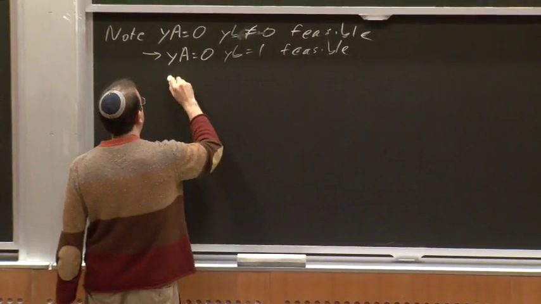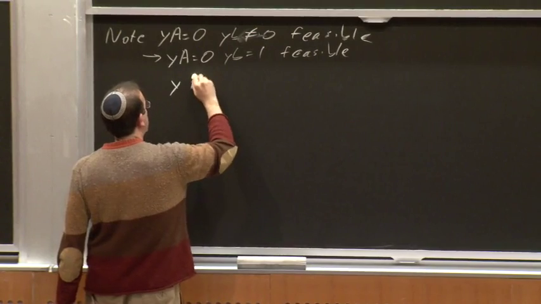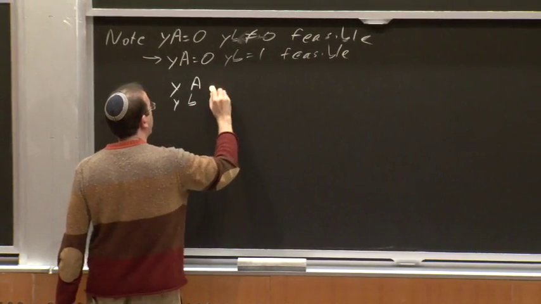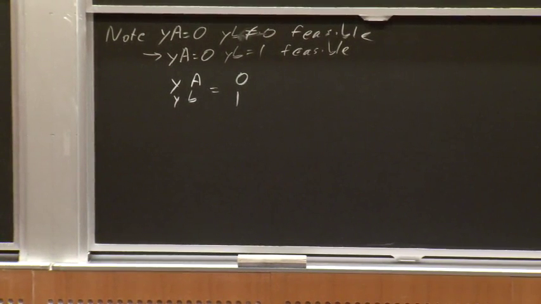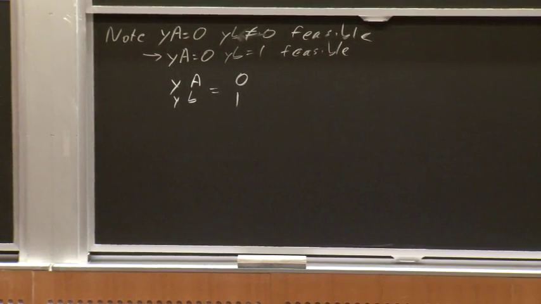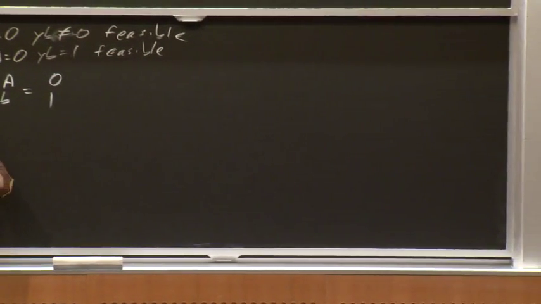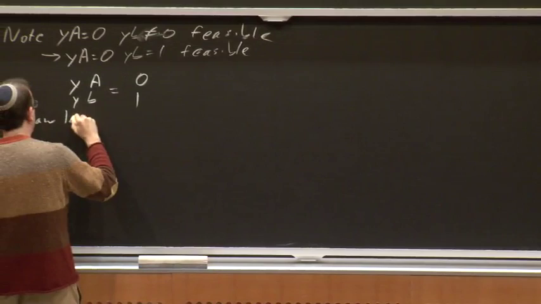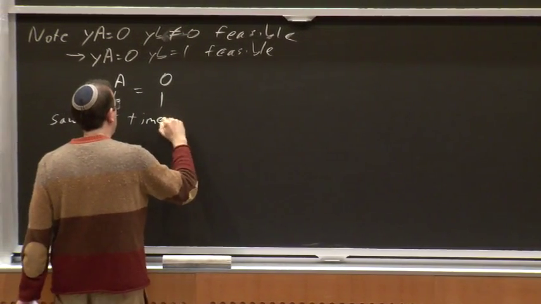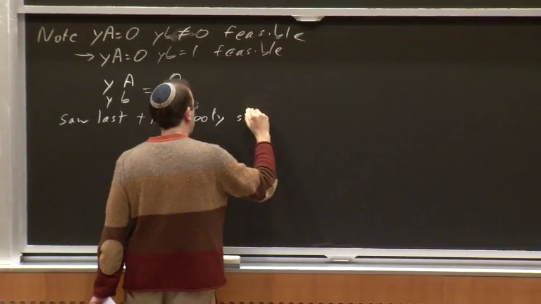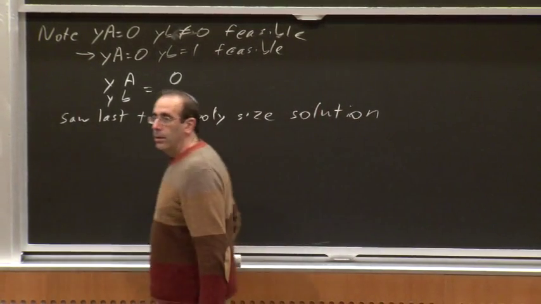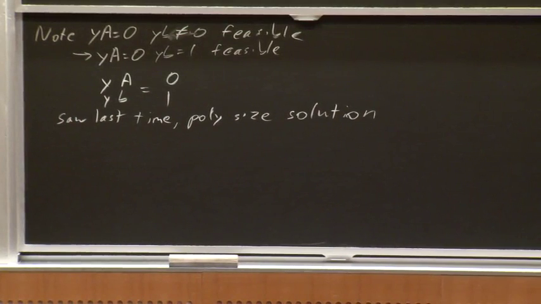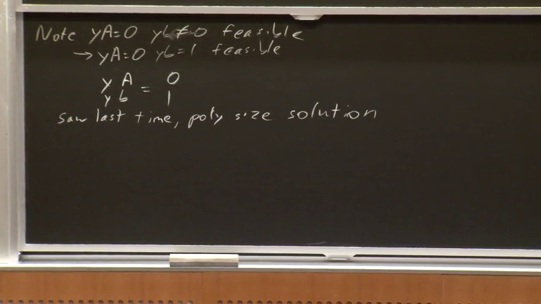But now I can just rewrite these as a set of linear equalities, right? And we showed last time that this has a polynomial size solution, a polynomial number of bits in the answers that are involved.